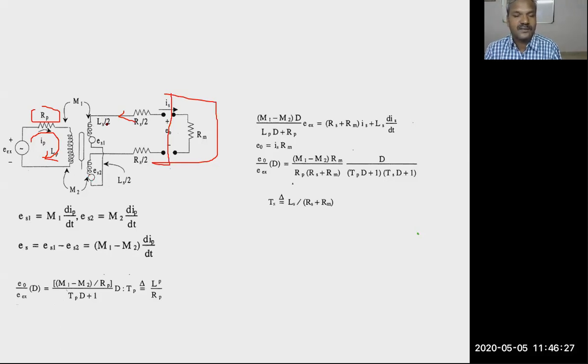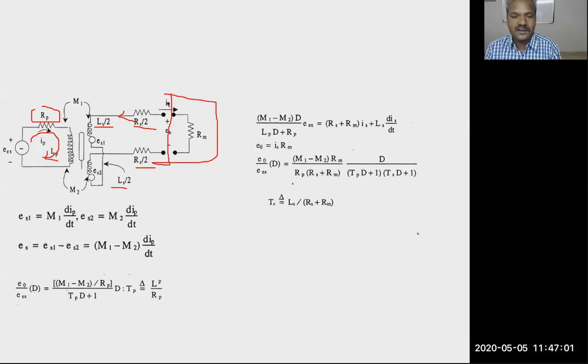LS is the inductance of the secondary circuit and RS is the resistance of the secondary circuit, but we divide them equally for equal numbers of turns, that is LS by 2, LS by 2, and similarly RS by 2, RS by 2. The total secondary inductance is LS, and the total secondary resistance is RS.